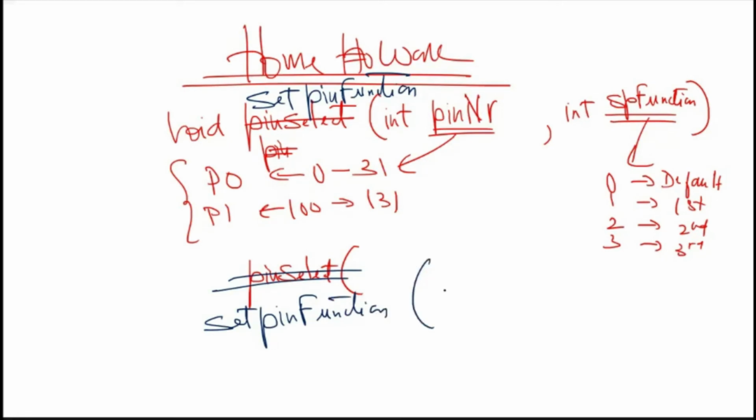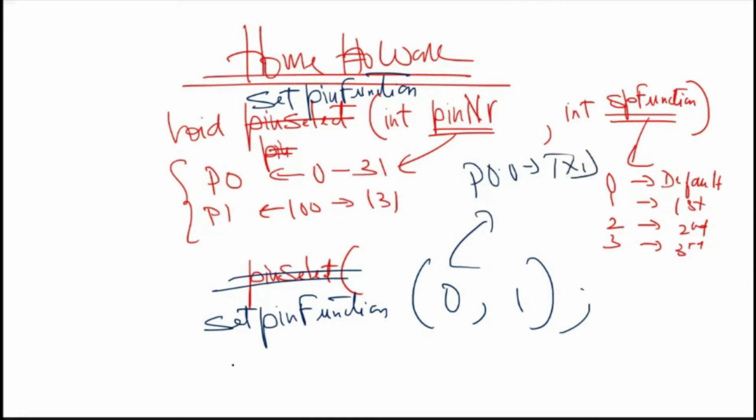Which pin number? 0th pin. Which special function? First special function. If I call it, automatically port 0.0 becomes the transmit pin. I would call the same function again with the first pin, which is port 0.1, again with the first special function.